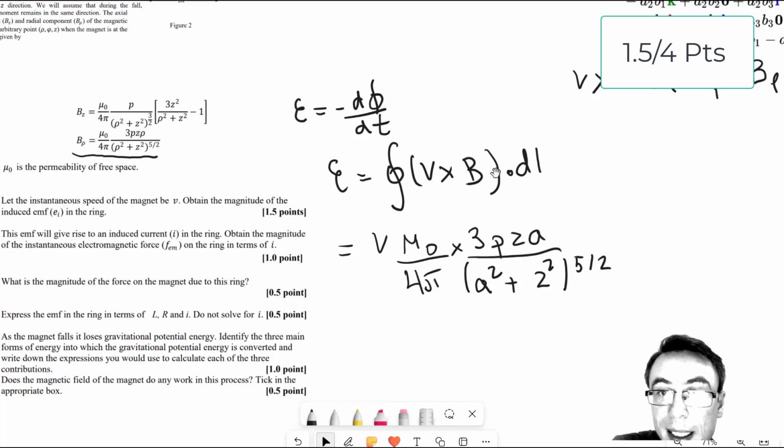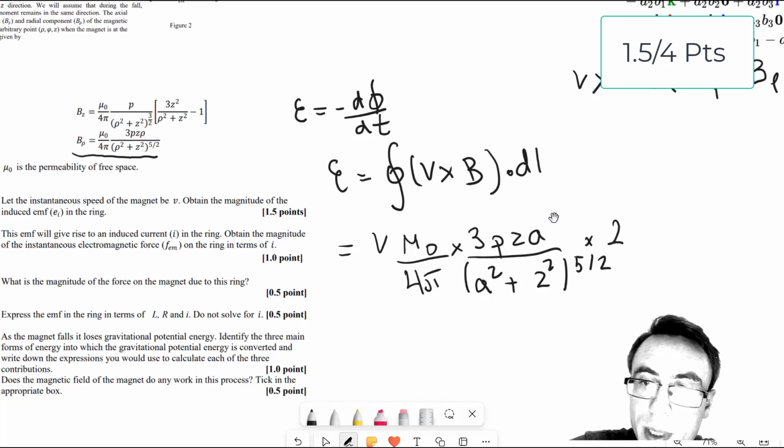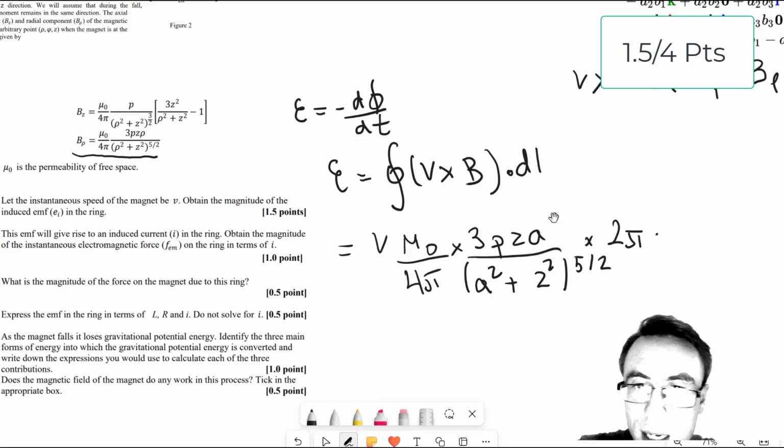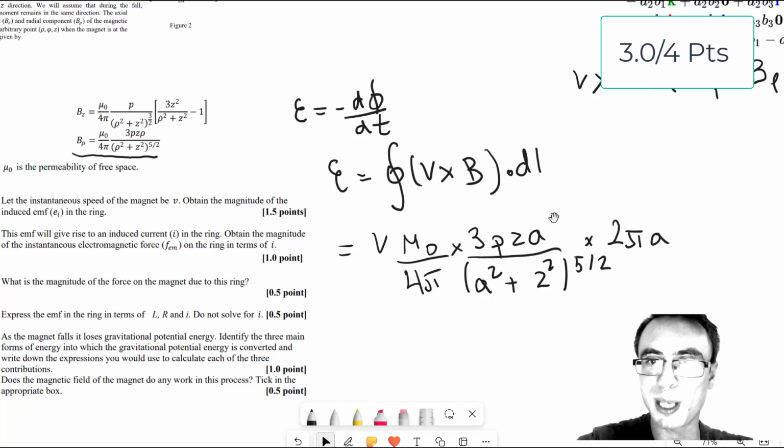This line integral over dl, because we're moving in a full circle, will just give us a factor of the circumference, which is just going to be 2 pi a, and I think that's correct. Unless I've messed up the algebra somewhere, please do check.